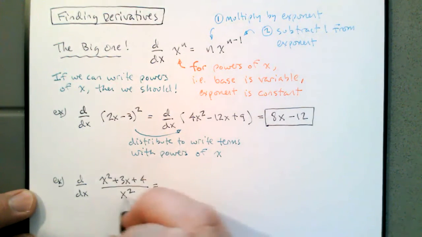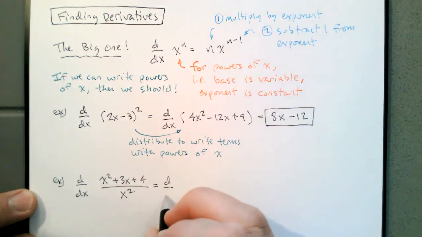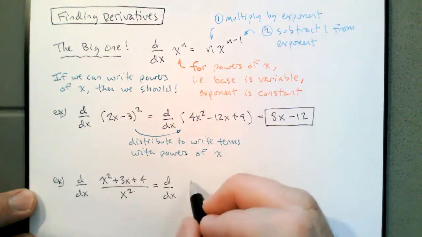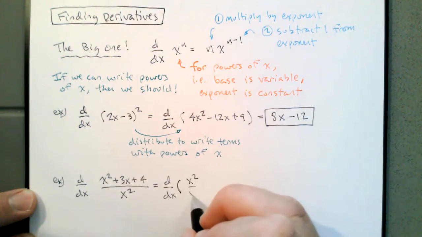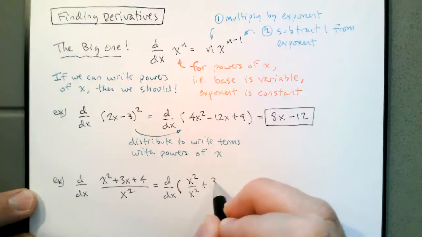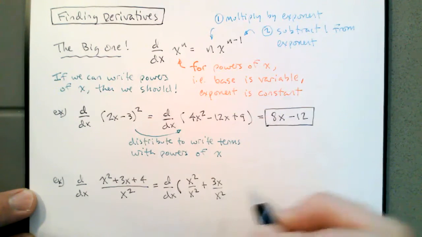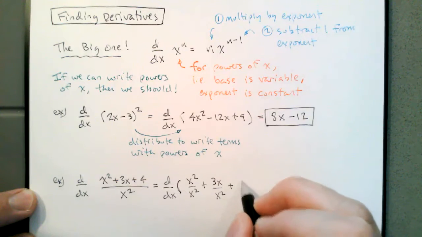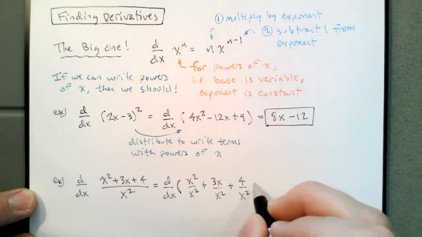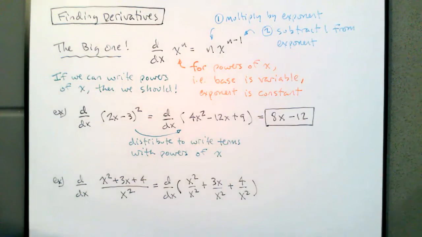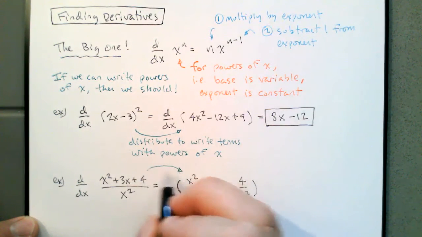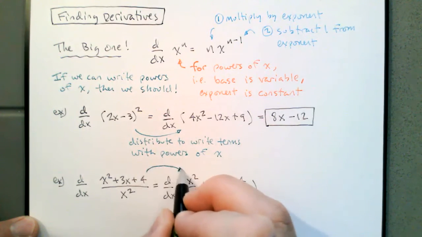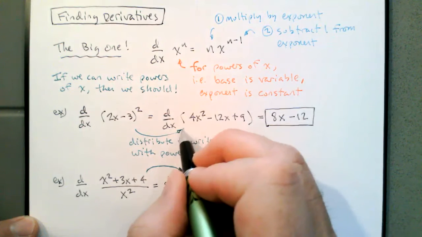So I can distribute the x squared and write this as the derivative of x squared over x squared plus 3x over x squared plus 4 over x squared. Here we are, we're using the distributive property to write terms with powers of x.